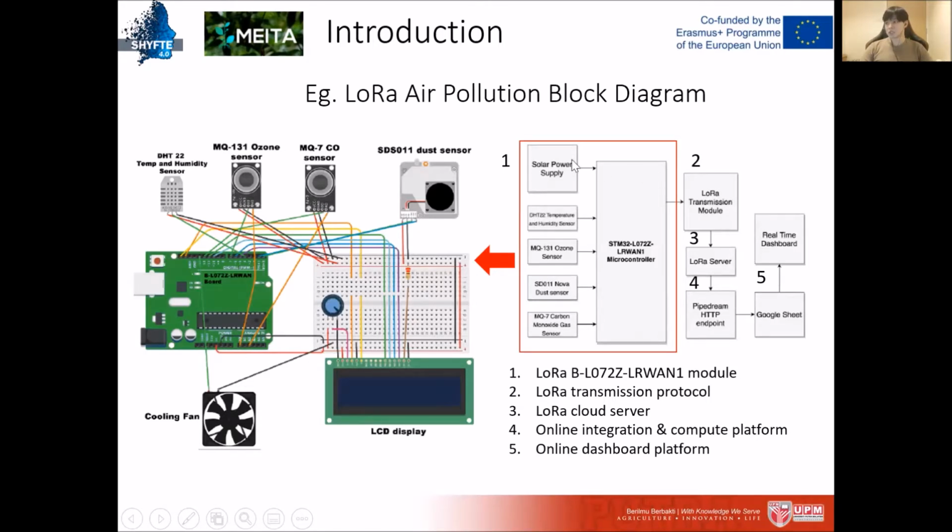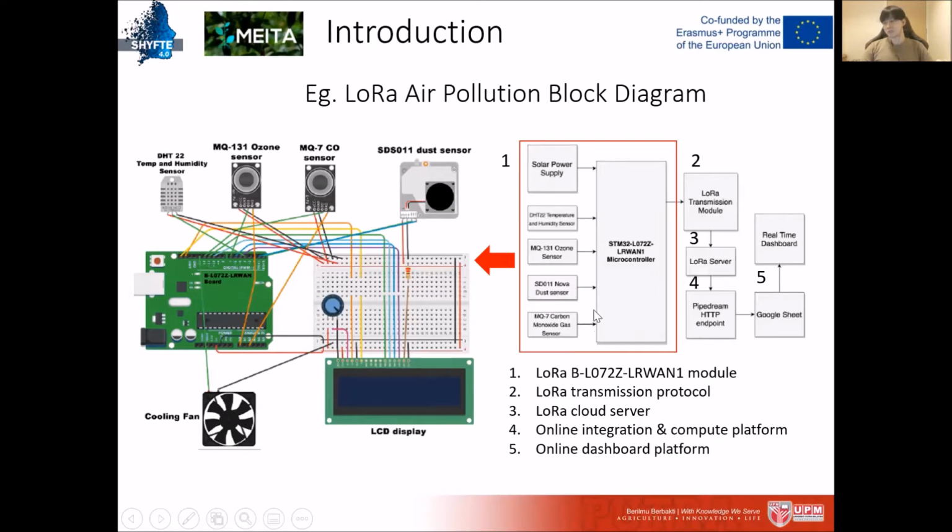This is a brief illustration to show you what the block diagram or the LoRa node looks like. This is the LoRa transmission module, powered by solar energy, and we have connected an ozone sensor, dust sensor, and monoxide gas sensor to it.